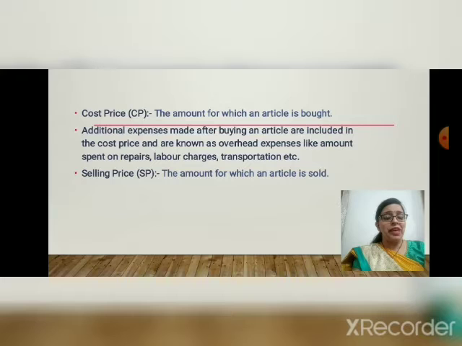When the shopkeeper said I have to pay the transport charges, that is also included in the cost price. Whatever amount I have paid for the dressing table plus the transportation, the total cost price comes to the sum of these two. The next is selling price, the amount for which an article is sold. Like the amount at which the shopkeeper sold it is called the selling price.